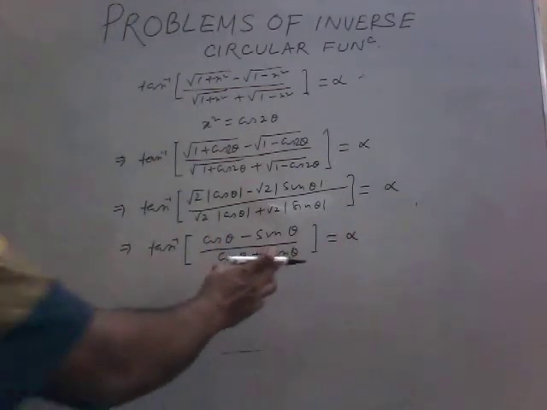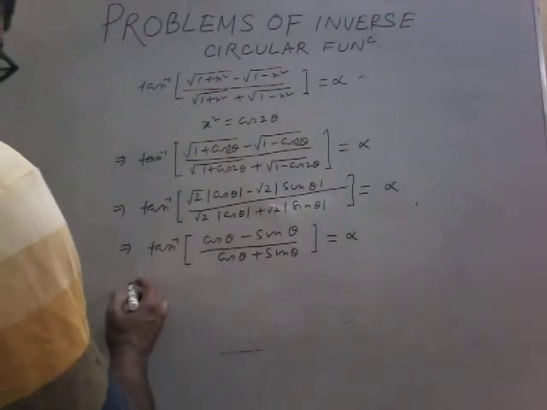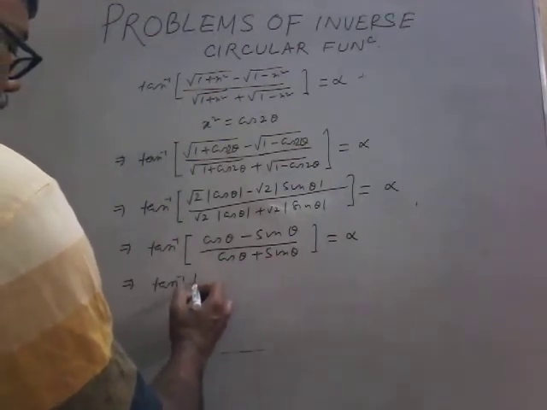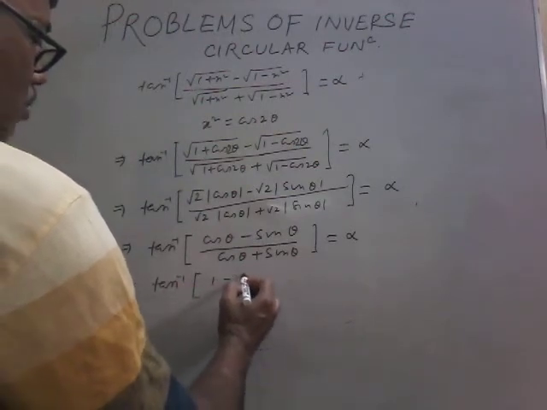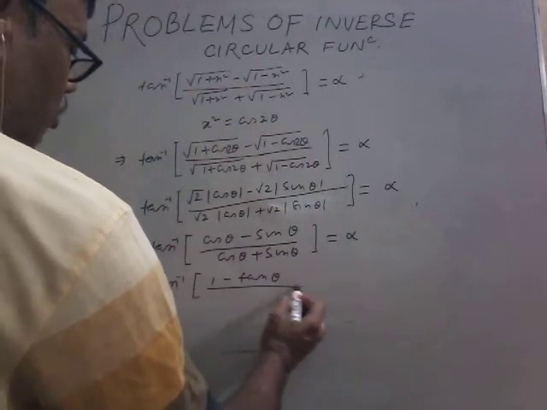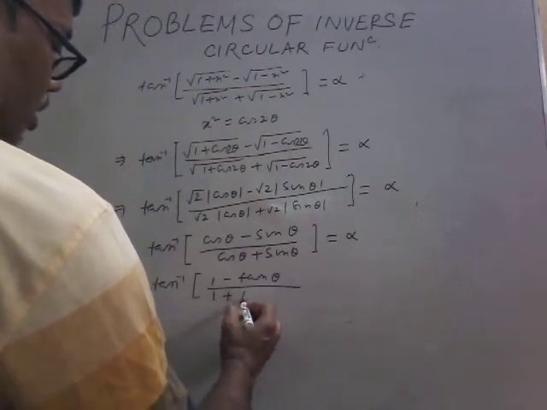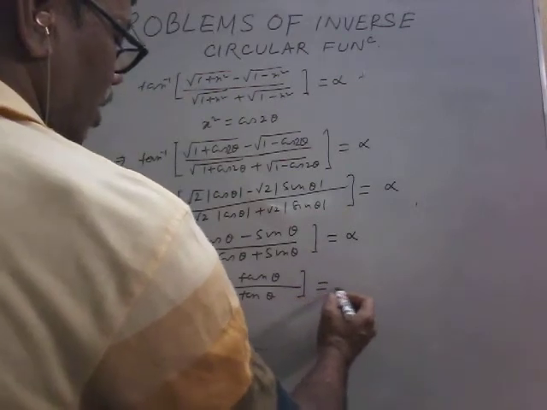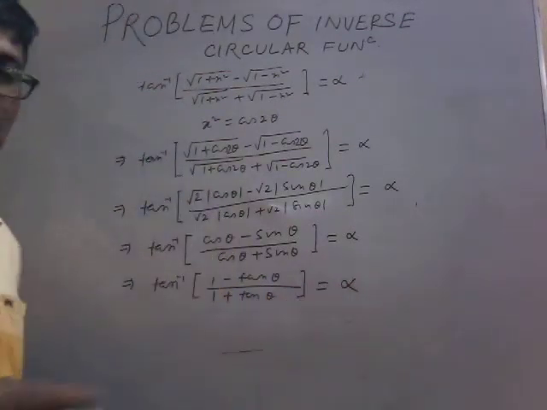Now express this argument in terms of tan. Dividing throughout by cos theta, tan inverse of (1 minus tan theta) by (1 plus tan theta) equals alpha.